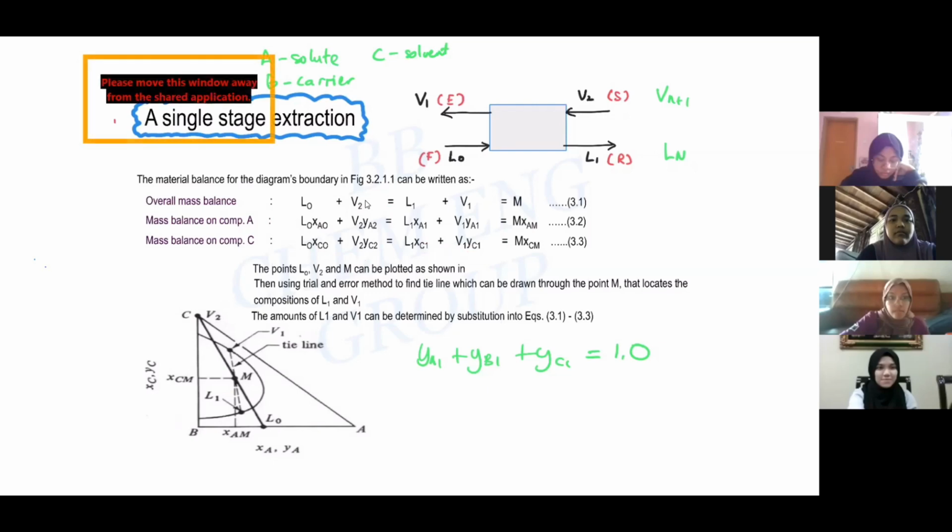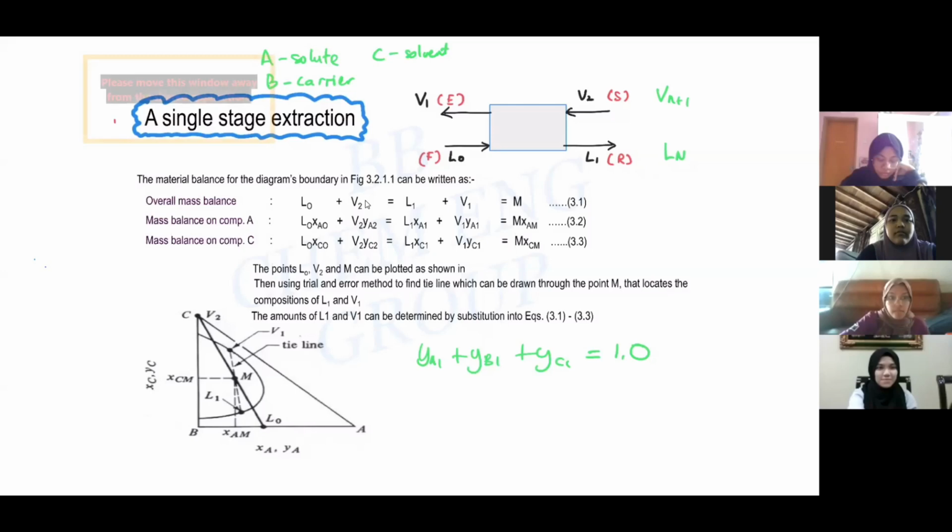But in liquid extraction, we normally don't use many of these equations. Normally we use only a few, because we are more on using the information and then solving the problem graphically, using graphs.